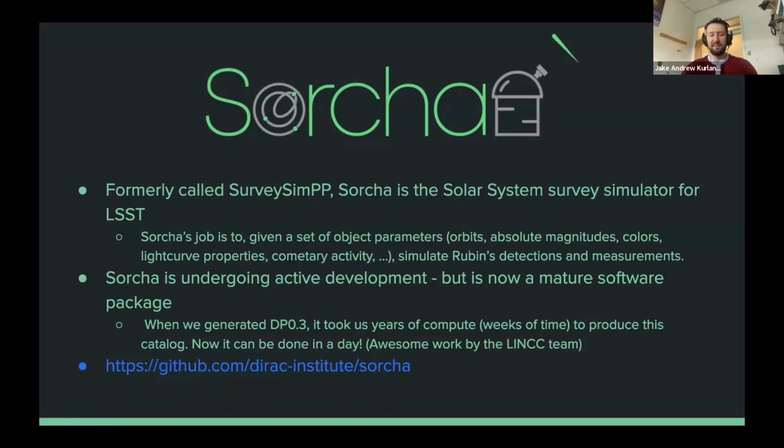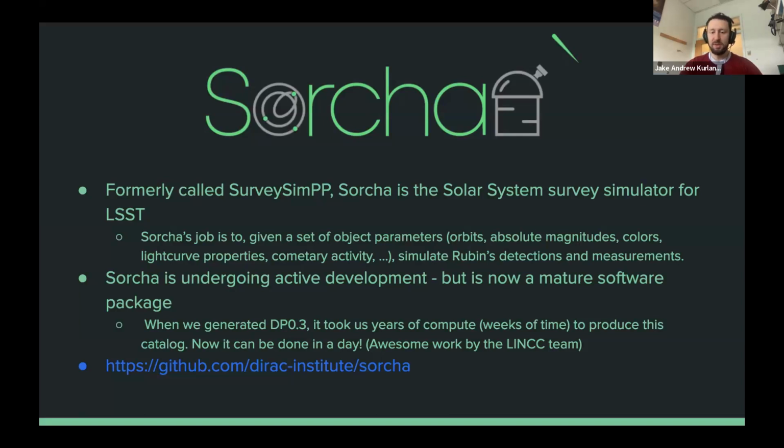When we generated DP0.3 using Survey SimPP and Objects in Field, it took more than a year of compute time, which translated into weeks of actual time, to generate the whole catalog, and now it's been done by folks at Queen's University Belfast in less than a day, which is a really, really stunning improvement in runtime and in resources.